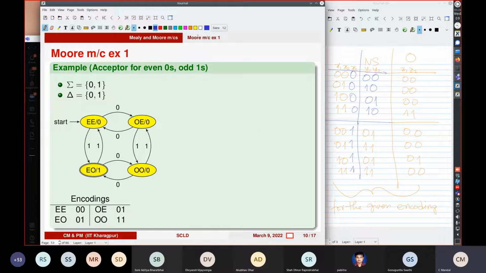If you notice, the output function is 1 in the accepting state and 0 in the non-accepting states. So if you see the output 1, you know that it has accepted the string of input symbols which has been given so far. Your input alphabet is 0, 1, and your output alphabet is also 0, 1.